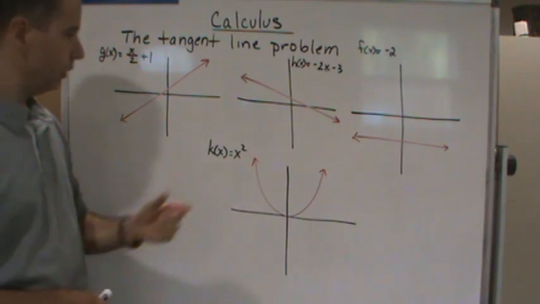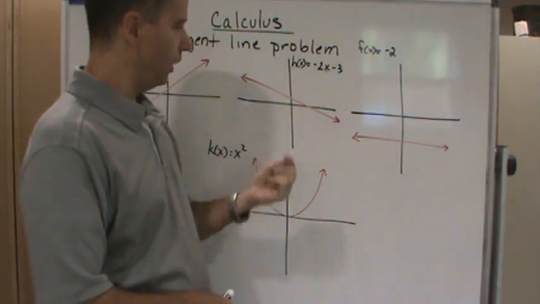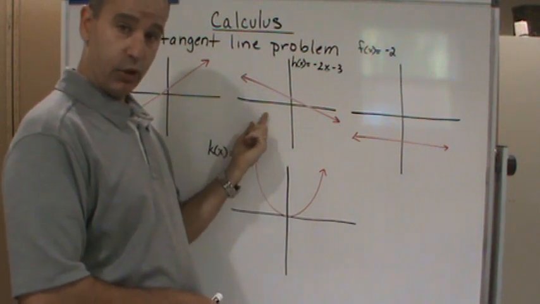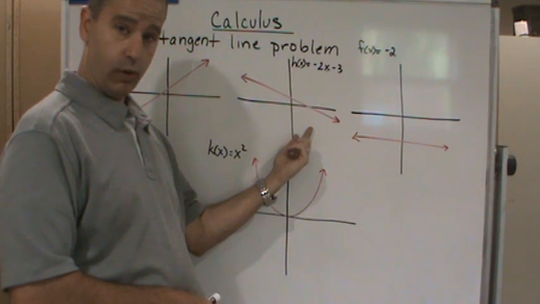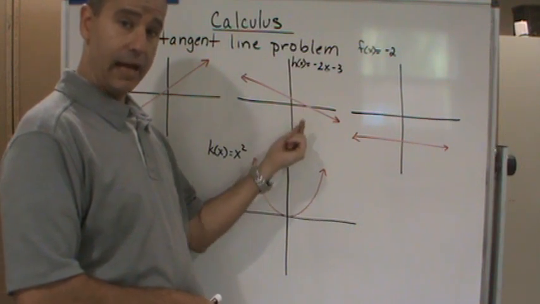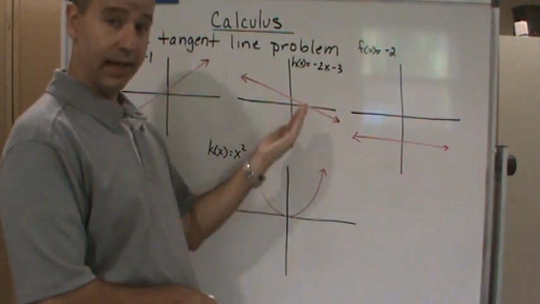Here we know that the slope is negative 2, which means for every unit you move to the right in the x direction, you're going to go down 2 units in the y direction, negative 2 units.